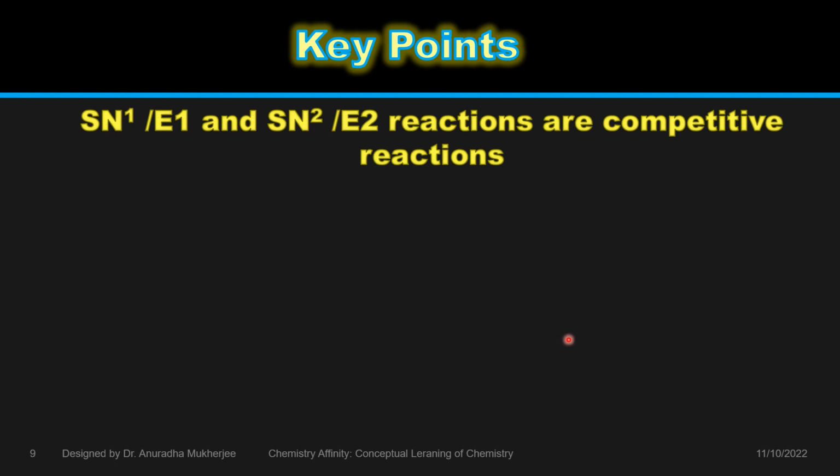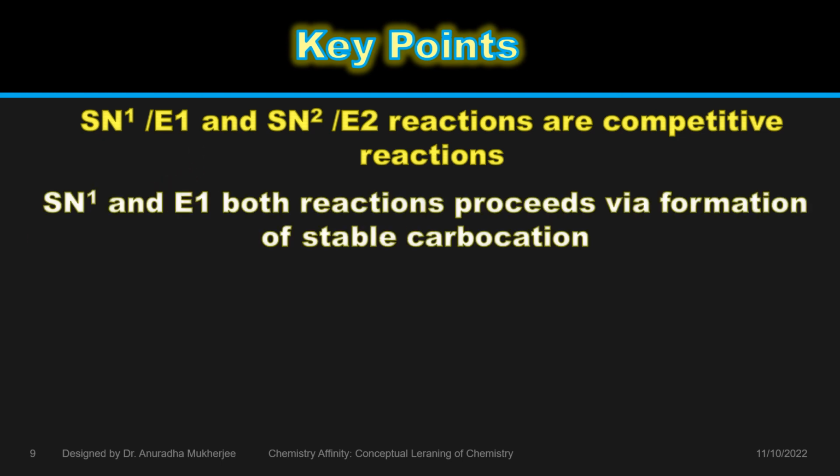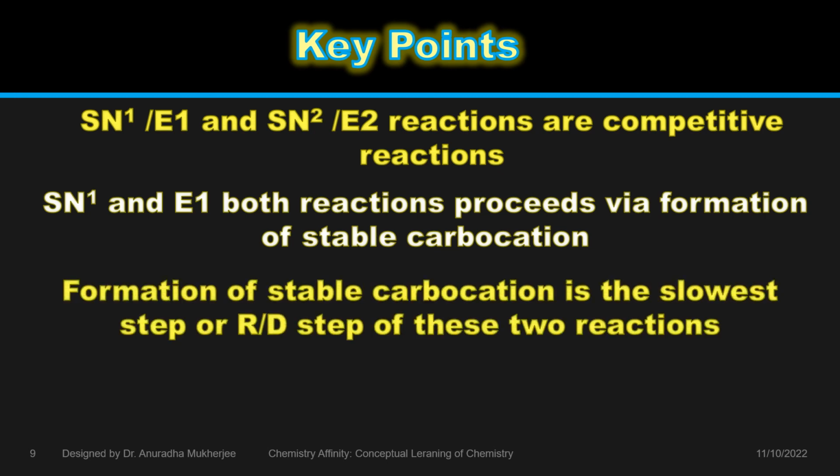So finally, the take home message from elimination and substitution reaction is that SN1 and E1, and SN2 and E2 reactions are competitive reactions. SN1 and E1 reactions proceed via formation of a stable carbocation.